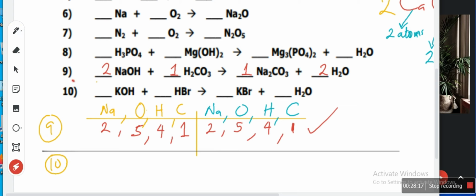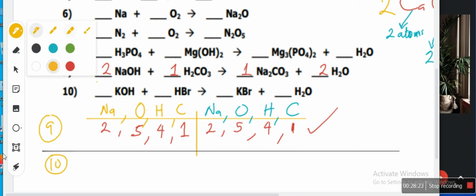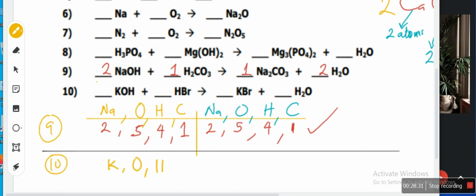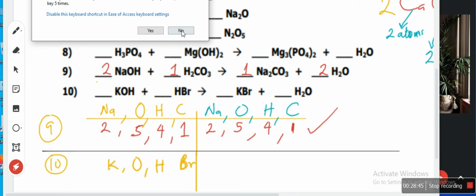For number 10, which is this, we have potassium. So I will list all the elements. For the reactant side, I will use yellow. So potassium, then oxygen, then hydrogen, then bromine, and then rule a line. For the product side, the same thing.